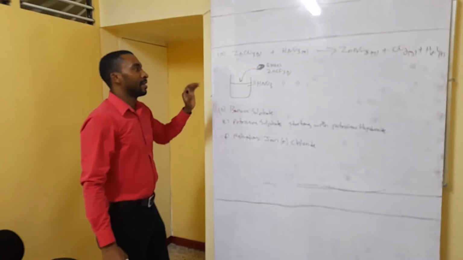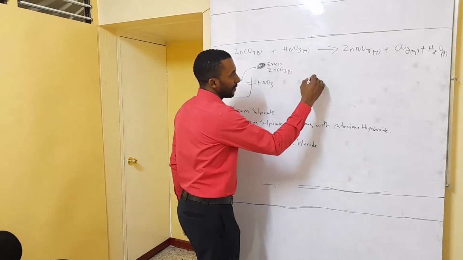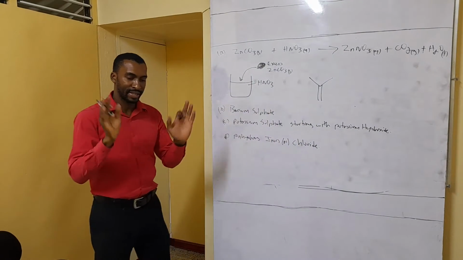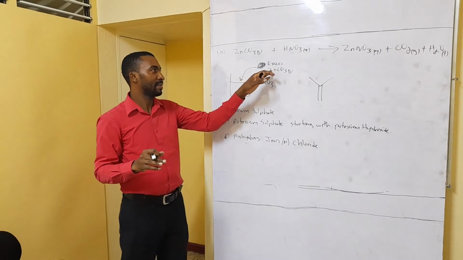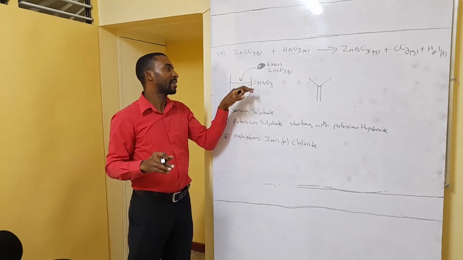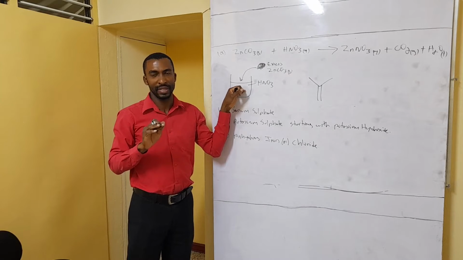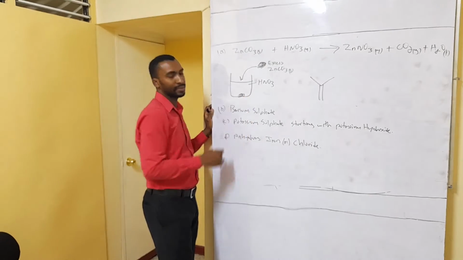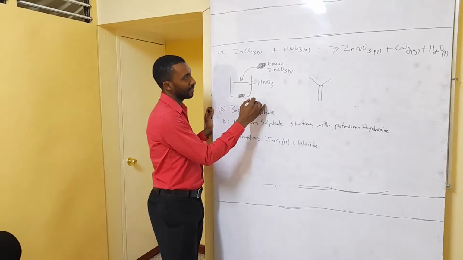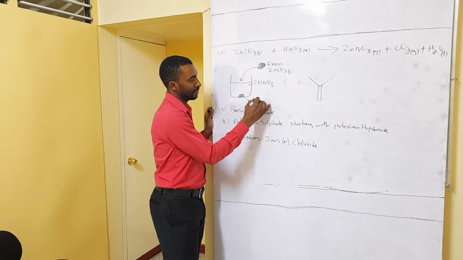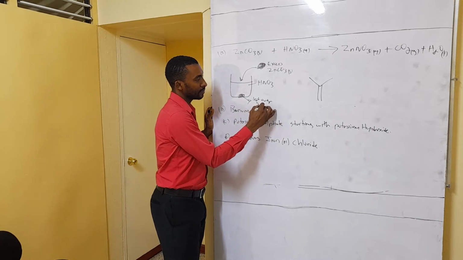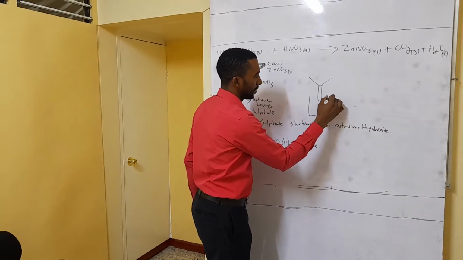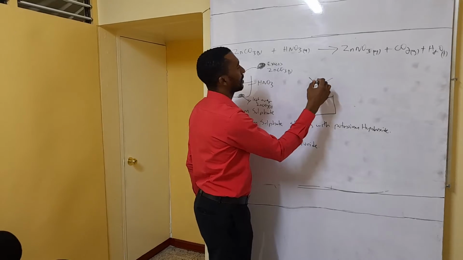After this reaction occurs, we are going to filter off the excess solid, because we want the reaction to finish. When the reaction stops, we want all the protons to be used up from the solution, leaving just the zinc carbonate as excess at the bottom here. So this is the excess zinc carbonate, our leftover solid. Now we're going to filter it, and the excess zinc carbonate is going to be here.